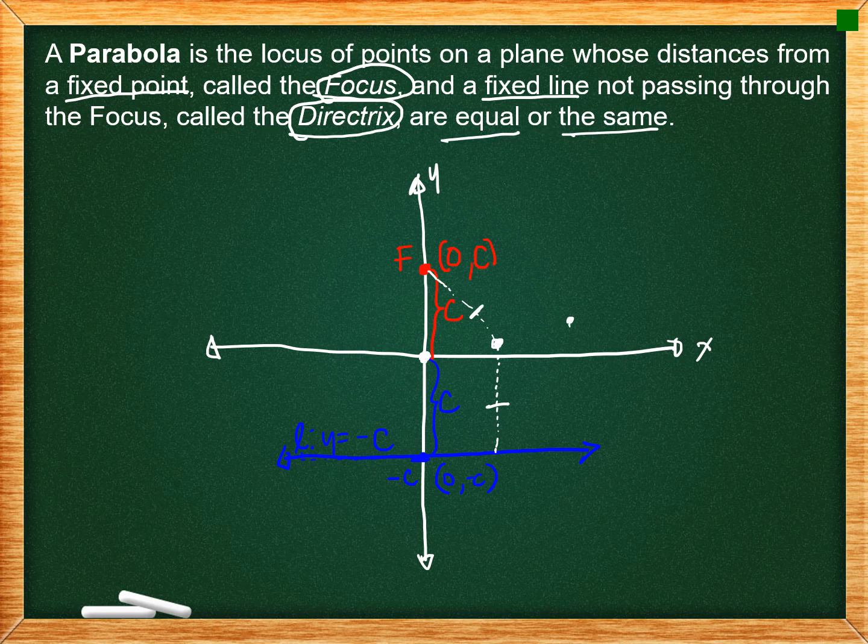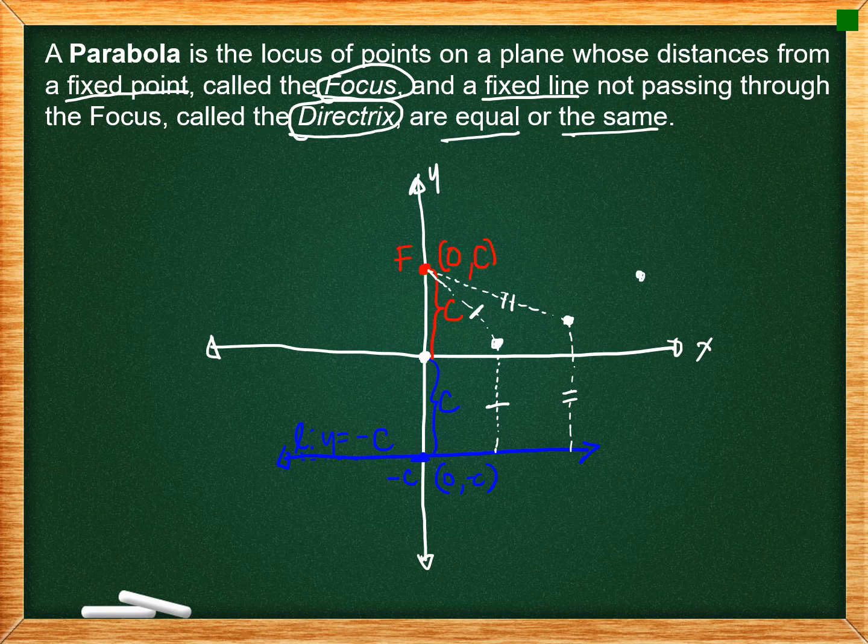Again, if the distance from this point to our line L is equal to the distance from this point to the focus, if this distance and this are equal, then this point is also on the parabola. One last, let's say this point here.